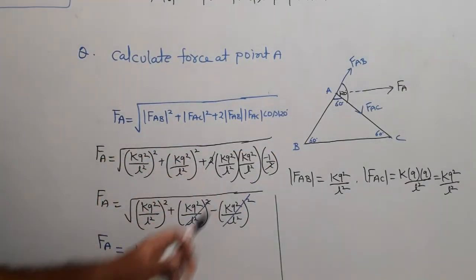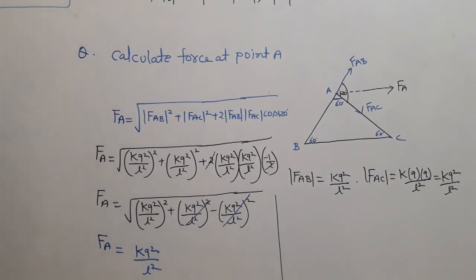On substituting the values and solving, we get the final answer FA equals KQ square by L square. Clear?